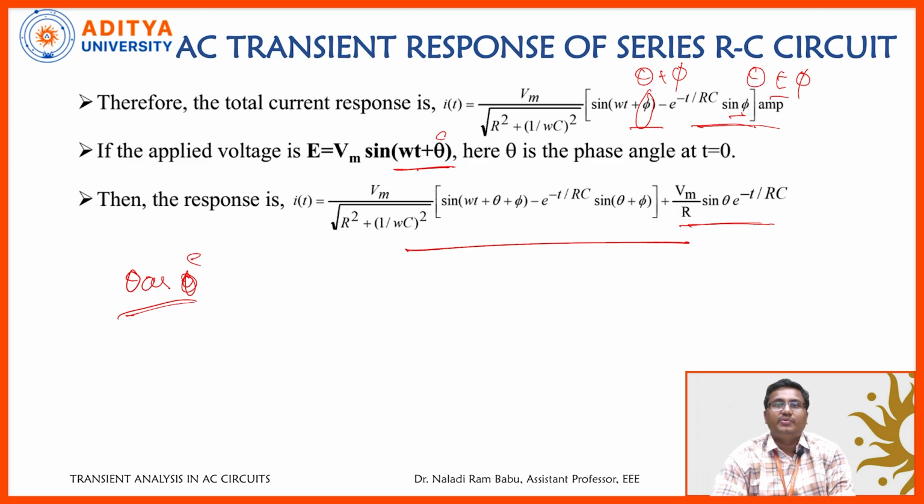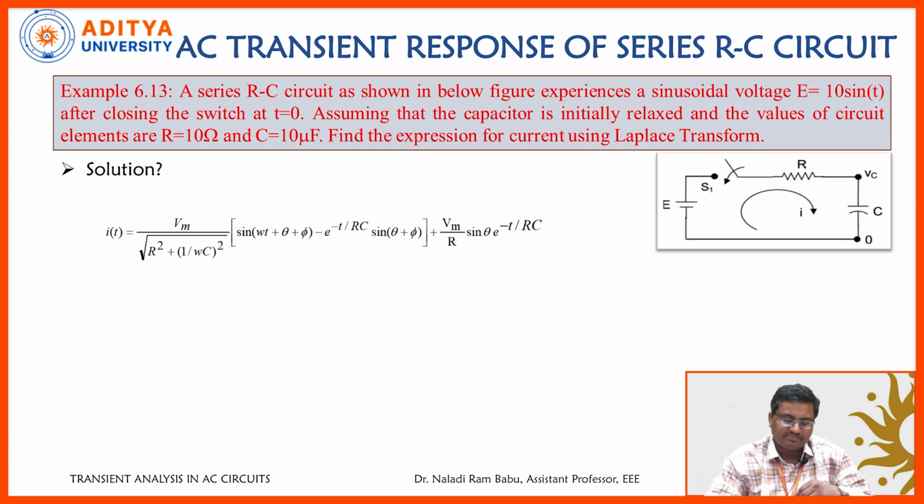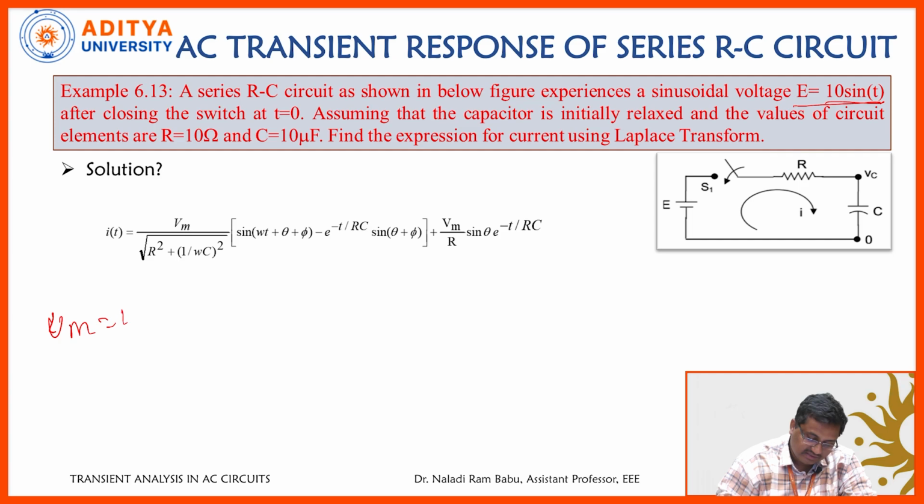Now let us solve a numerical on this and we will be closing our session. If we look into this problem, a series RC circuit as shown below experiences a sinusoidal voltage of 10 sin t, that means the value of Vm is 10 and theta is 0 degrees. At t equal to 0, the circuit gets closed and the capacitor gets charged from the supply.